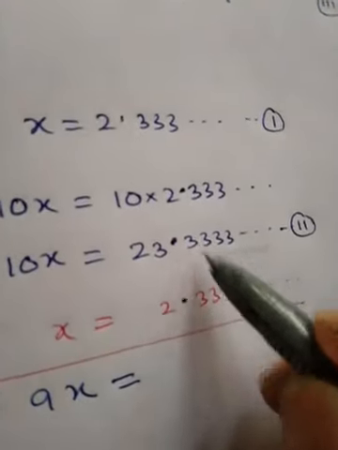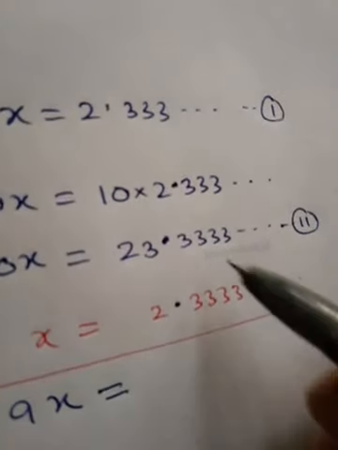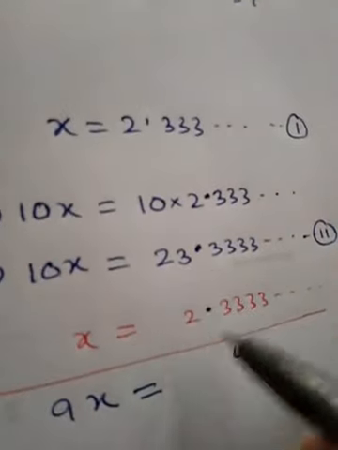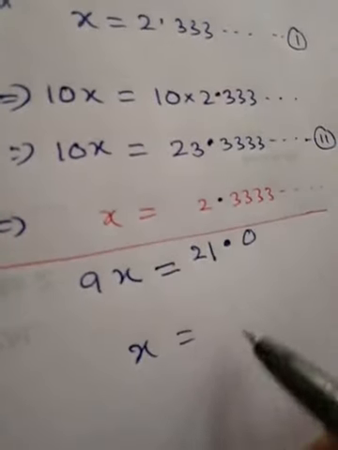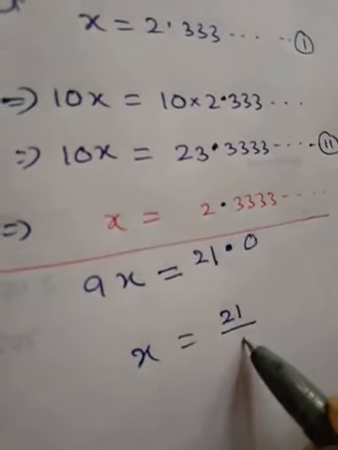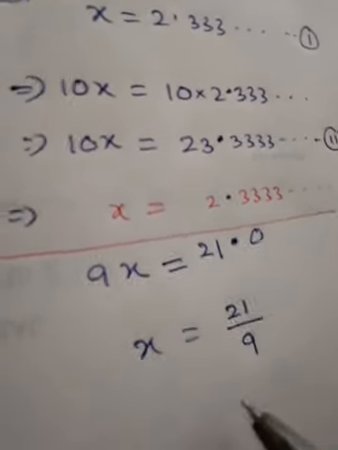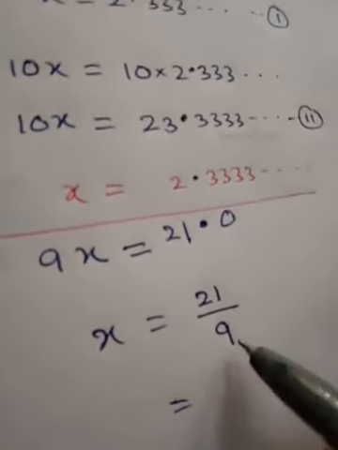Everywhere here it is the same, 333, because infinite 3s are there, here also infinite 3s, so this will become 0. And then here 23 minus 2 will become 21, so it is 21.0. So here x will be 21 divided by 9. 21.0 means 21, divided by 9. And if possible we will write it in simplest form.